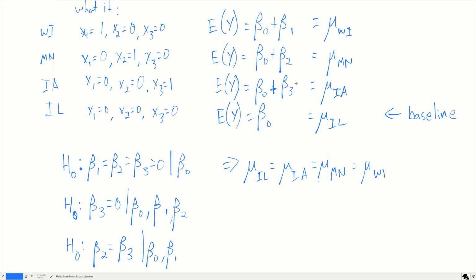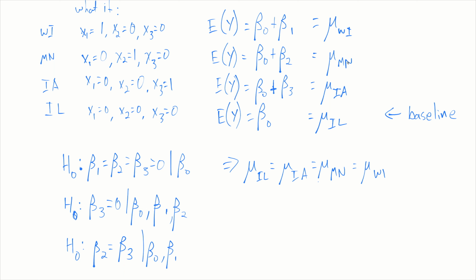If beta 2 and beta 3 are equal, then the differences between Minnesota and Illinois and Iowa and Illinois will be the same. Or another way of putting that is, is the mean of Minnesota and the mean of Iowa the same? Okay, so do Minnesota and Iowa have the same mean corn yield?